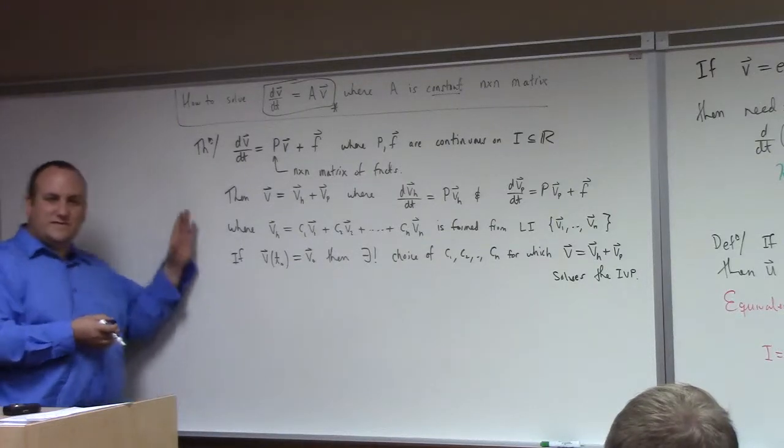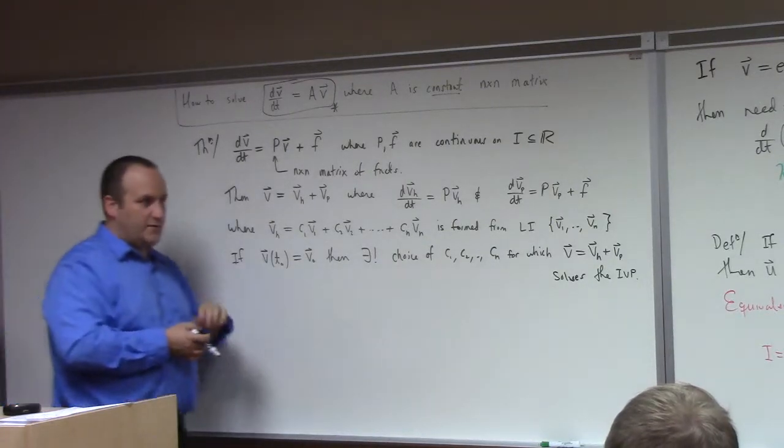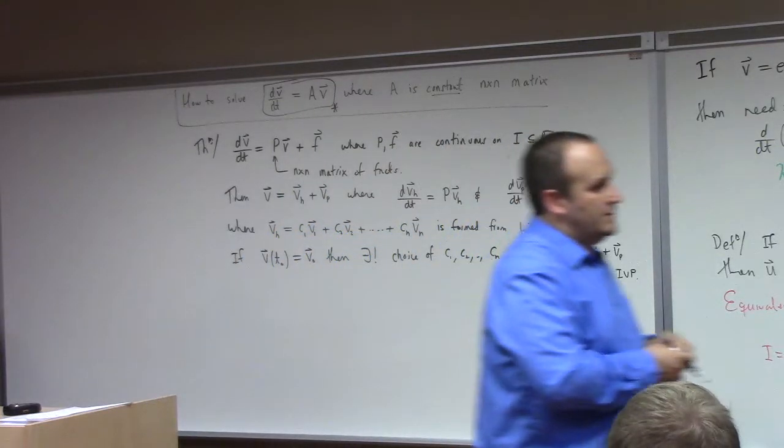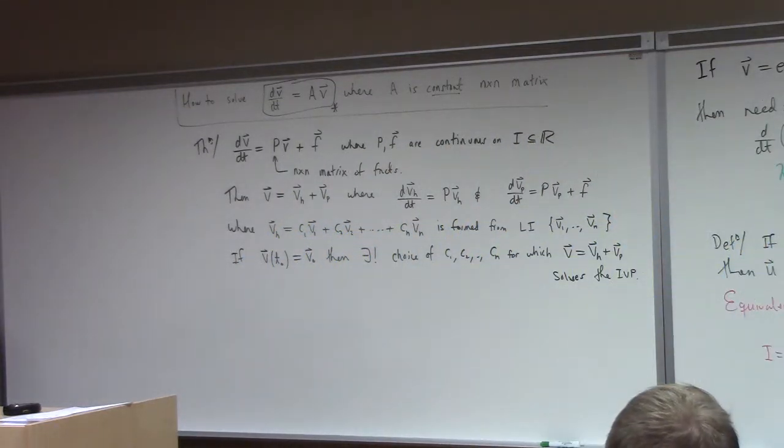All right, but this is just a backdrop. What I'm trying to tell you here is it looks like for this problem, since we found two eigenvalues, if we can find the corresponding vectors u1 and u2, then we'll have the general solution to this problem.